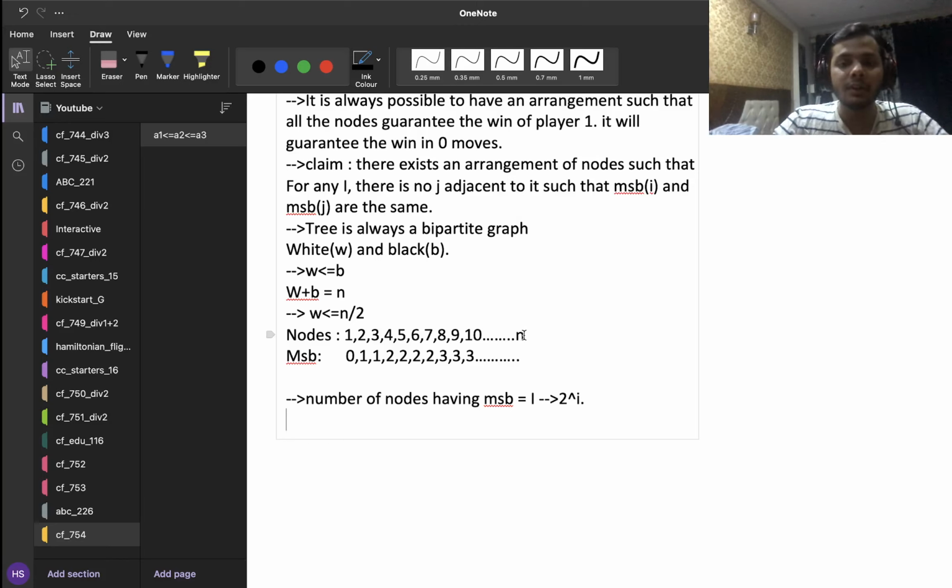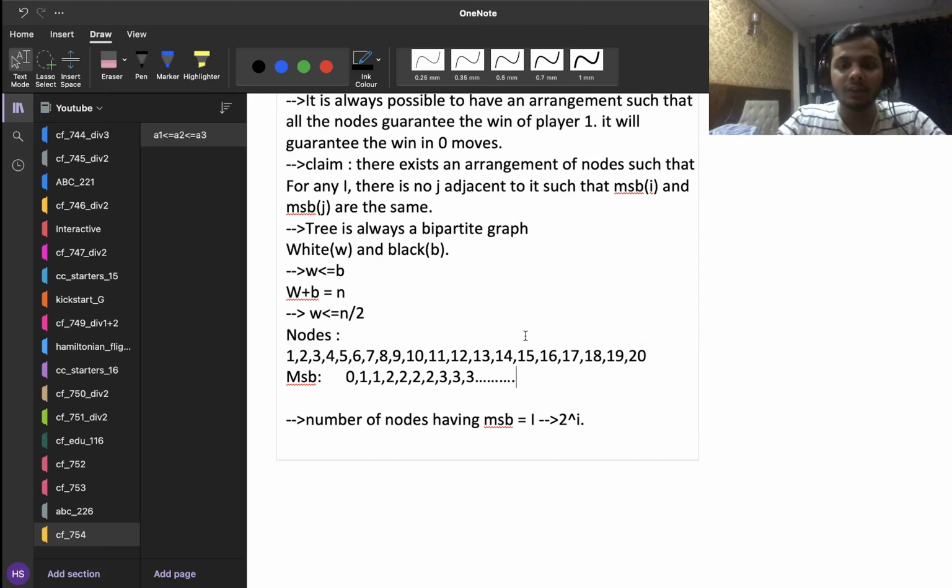Why? Because let's say that n is equal to 20. So then I will have something like this: 11, 12, 13, 14, 15. So let's say I have a situation like this.